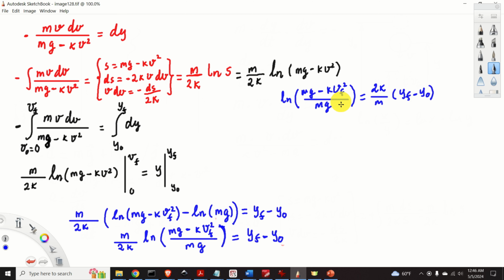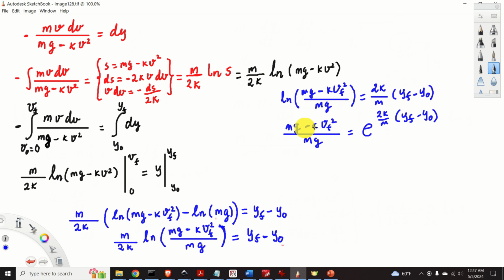Okay, then from this equation we have that (mg minus k vf squared) over mg is equal to e to the power 2k over m (yf minus y0).